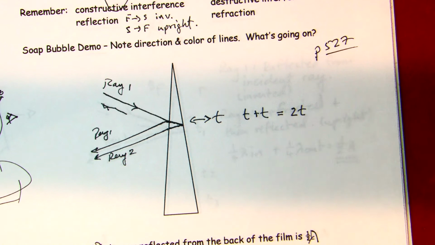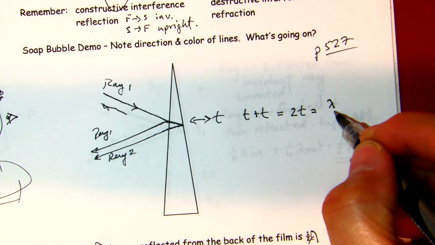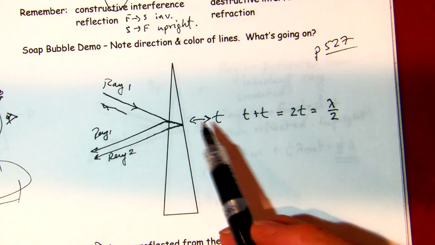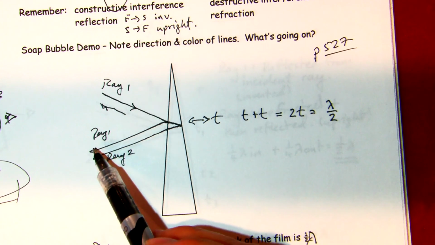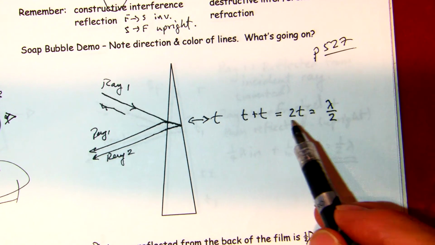Now, if that equals 1/2 of a wavelength, what's going to happen? Well, you would think that ray 1 travels whatever distance, and ray 2 travels the same distance plus 2 times the thickness.